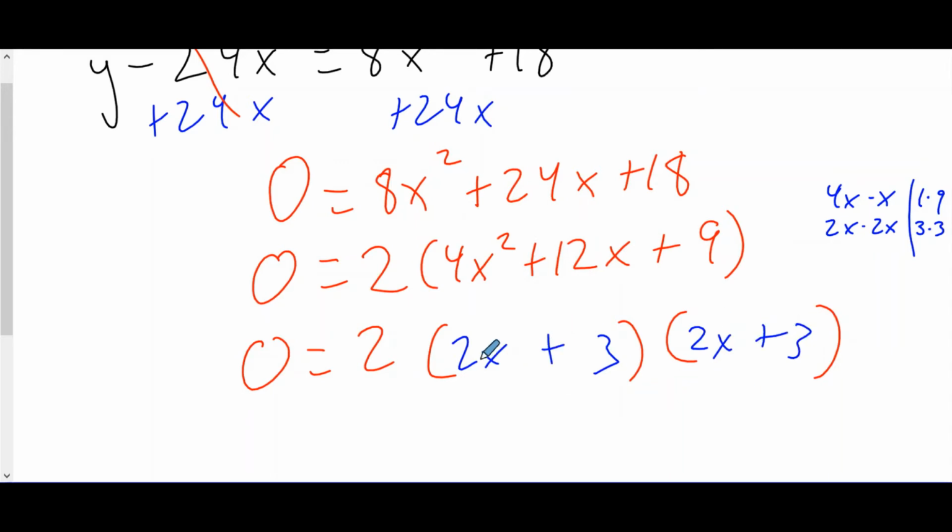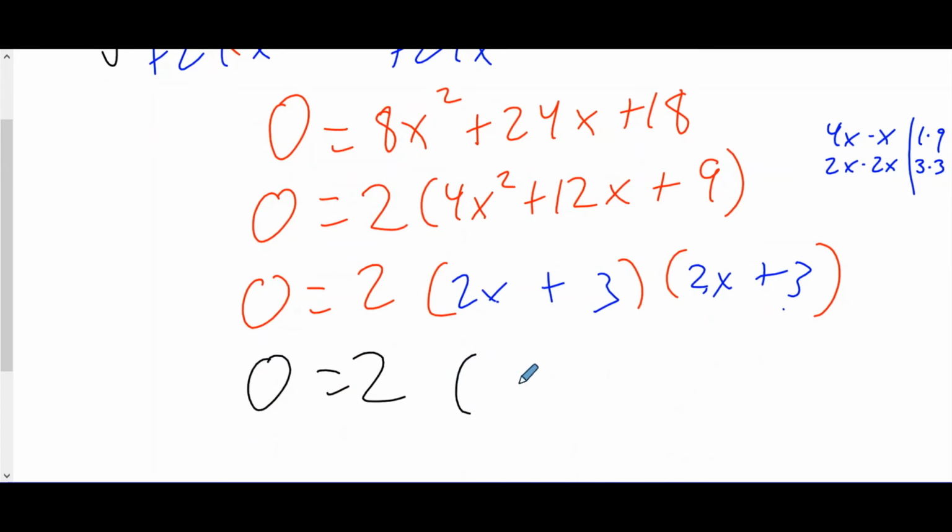Let's check that middle term. 2x times 3 is 6x, 3 times 2x is 6x, and 6x plus 6x is 12x. So this is in fact correct. And I notice that it's the same binomial twice, so I can even rewrite this as, keep the 2, (2x plus 3) squared.